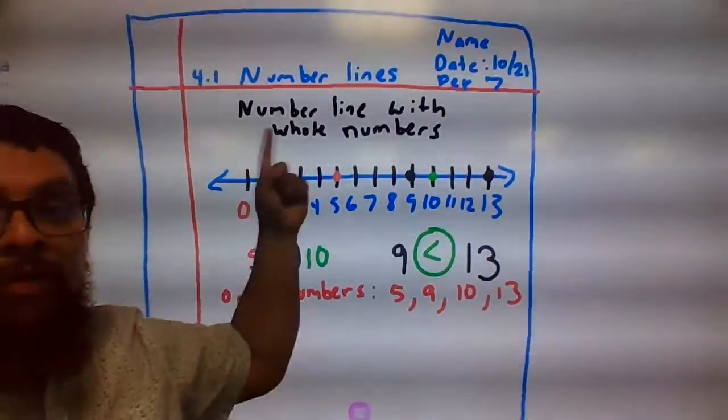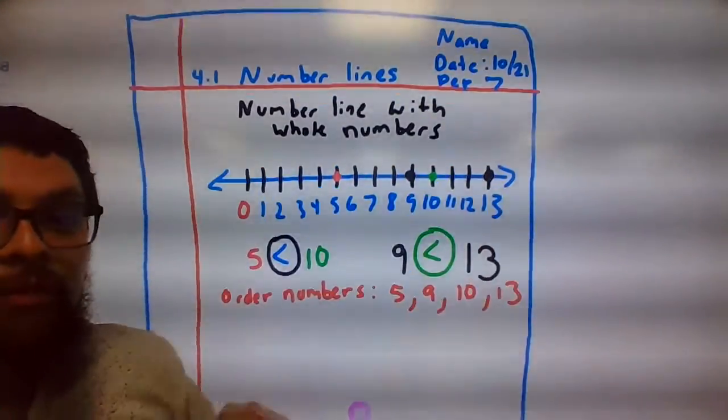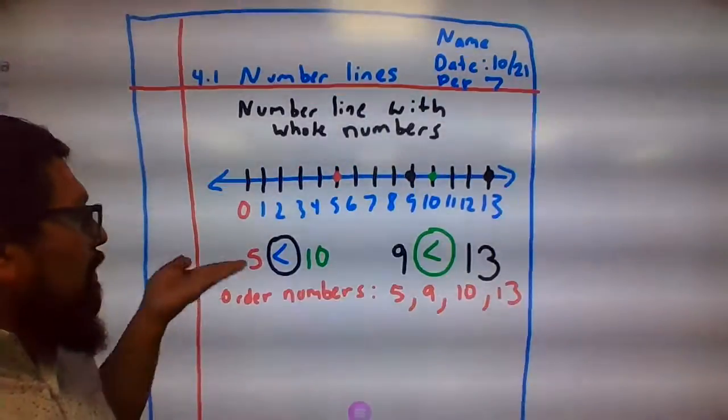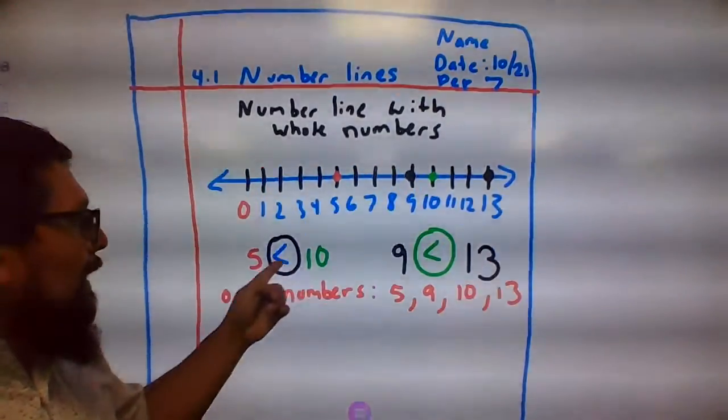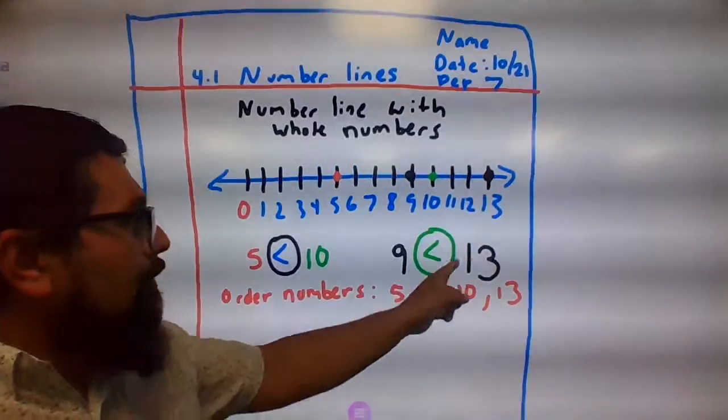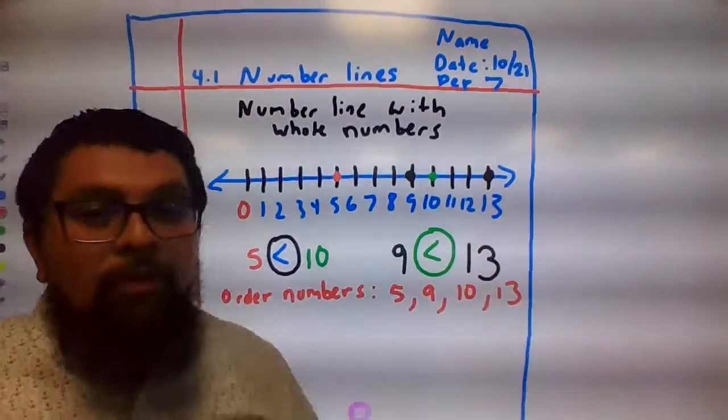This is a number line with whole numbers. These are all whole numbers. We compared two numbers: 5 is less than 10, and 9 is smaller than 13. And we also put them in order.